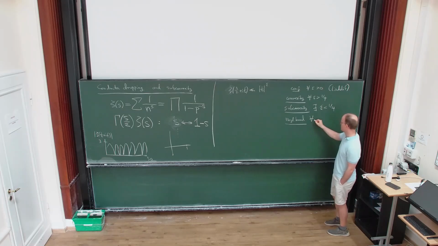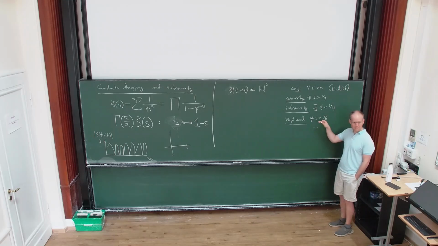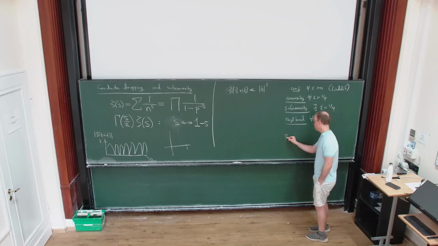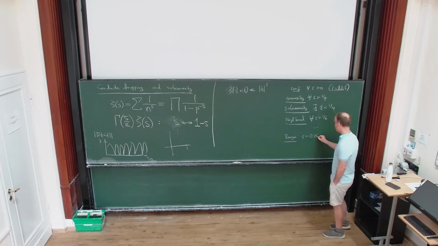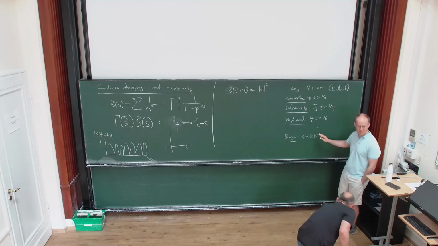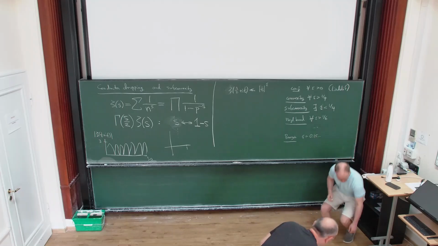So just the assertion that this holds for all epsilon greater than 1/6. And then there's been a lot of work improving that exponent over the intervening century. And I guess the record is still due to Bourgain, which says that you can do this for epsilon equal to 0.15, and then I forgot to look up the precise exponent before the talk, but some kind of complicated number smaller than 1/6.